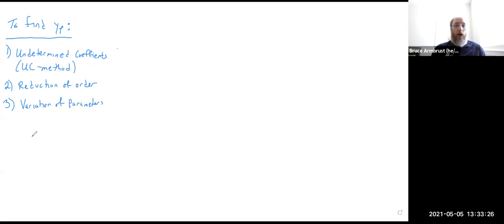There are more depending upon what this thing looks like, but these are the three that we're going to talk about. We're not going to get to all of them today by any stretch of the imagination, but they are the three big methods we're going to do.